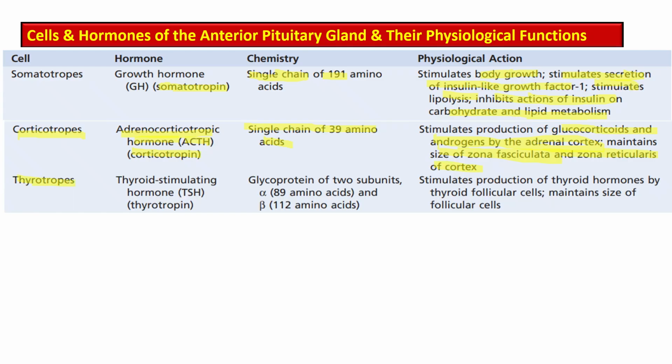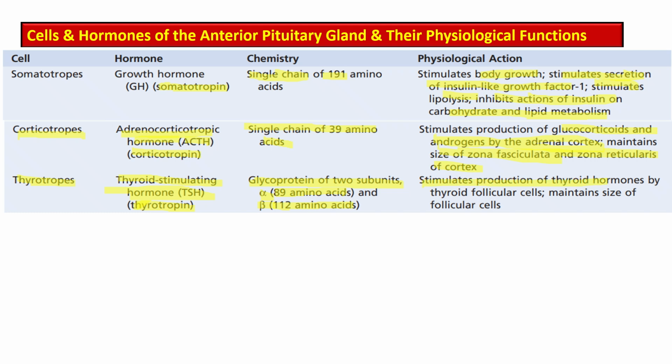The thyrotropes secrete thyroid stimulating hormone or TSH, also named thyrotropin, and these are biochemically glycoproteins with an alpha subunit that contains 89 amino acids, while the beta subunit contains 112 amino acids.